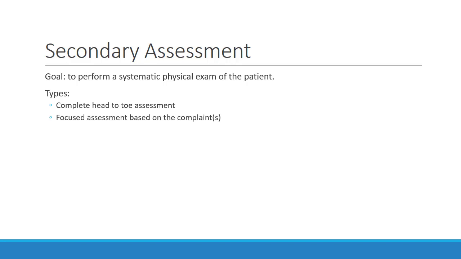They can also have edema of the legs and the arms, or pulmonary edema in the lungs. So you may also end up doing a partial head-to-toe assessment on medical patients as well.